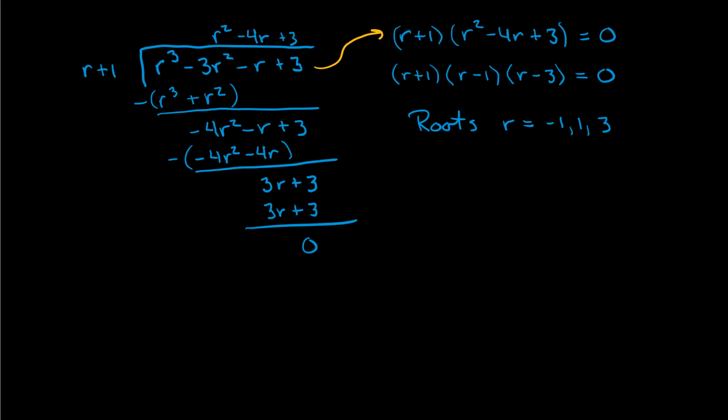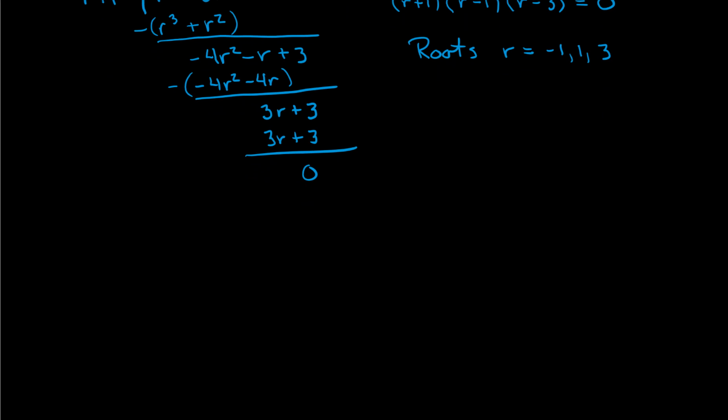This then allows us to write our solution as the following. Following the same pattern as we did back with second order linear constant coefficients, we're going to have y equals c1 e to the root 1 times x plus c2 e to the root 2 times x plus c3 e to the root 3 times x.